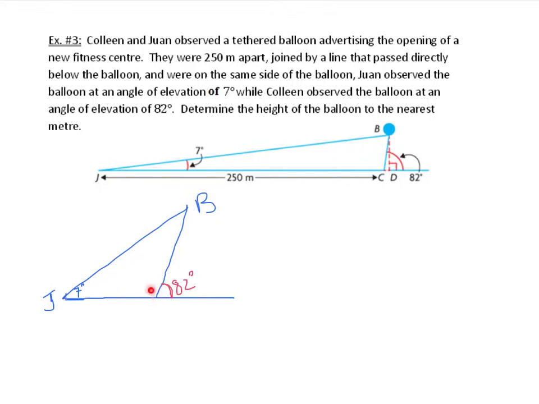We don't know what this angle here is, but we know that the outside angle, the exterior angle to that is 82, and these two angles are supplementary like we learned earlier, meaning that they have to add up to 180. So that would make this angle in here 98 degrees, and since all angles in a triangle add up to 180, this last angle is going to be 75 degrees.